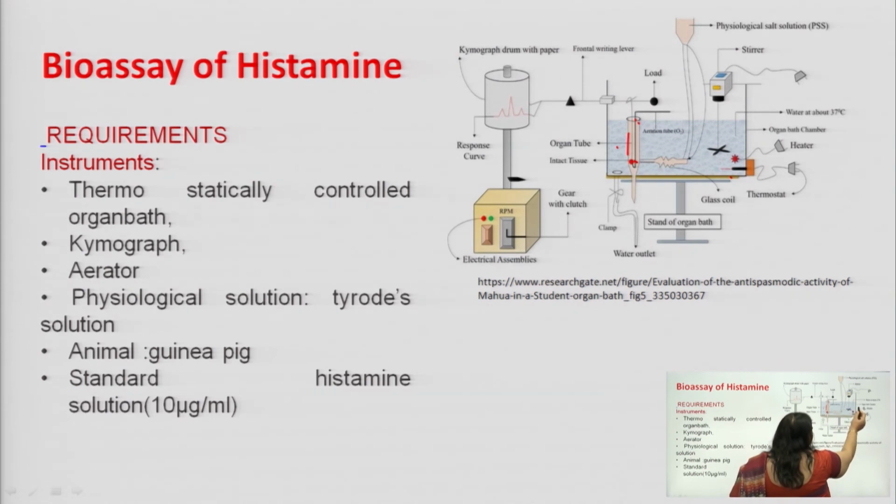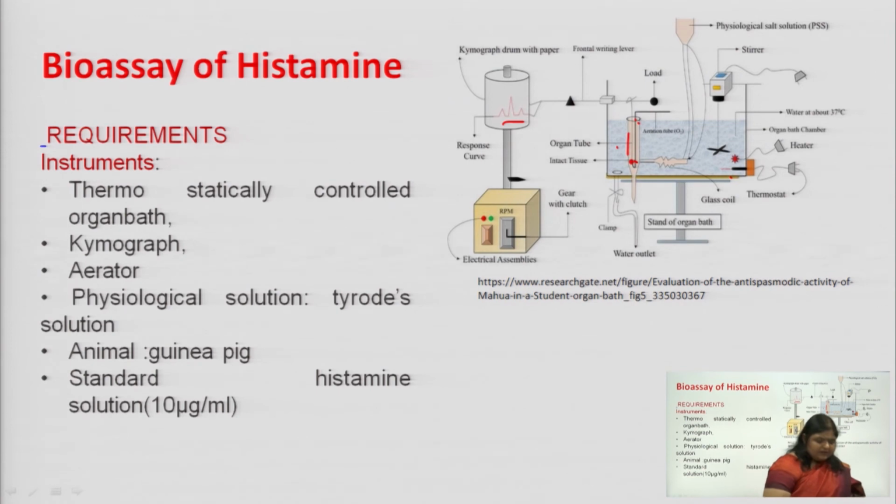In this organ bath we fill the water and maintain it at a temperature of 37 degrees centigrade. The frontal writing lever is used, with a 1 gram load, and the tissue is attached to this writing lever. When we put the drugs into this organ tube, whatever contraction occurs, that response is recorded here.